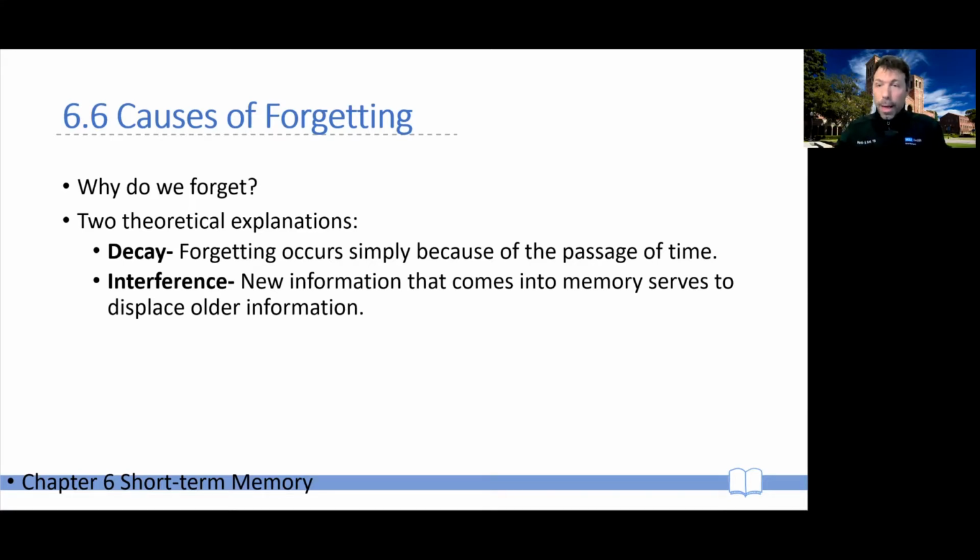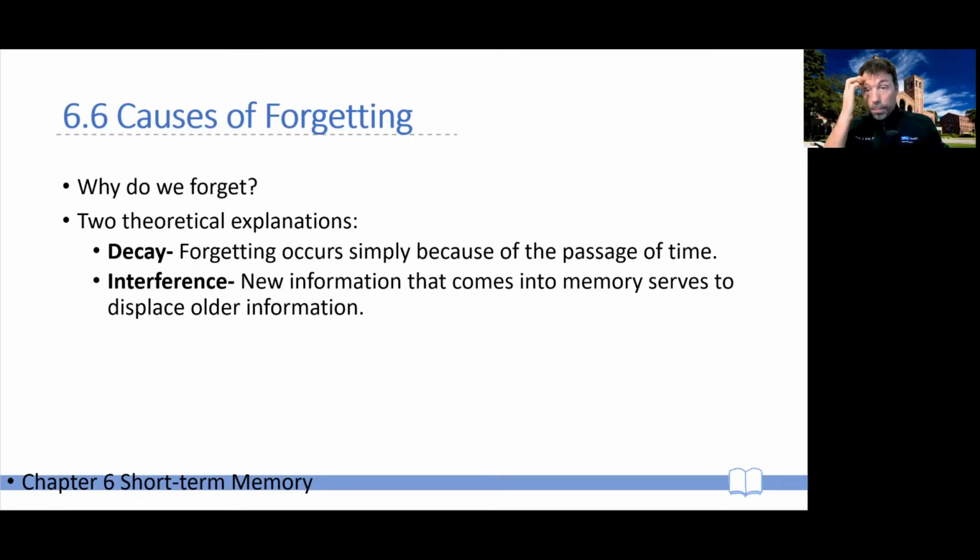A different hypothesis, typically referred to as interference theory, is that it's not quite that information or memory traces decay. You forget because there's interference in your memory. So old items you've studied or new items you study interfere with each other and lead you to forget items that you might have memorized.